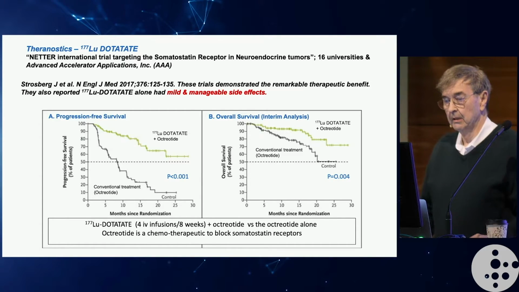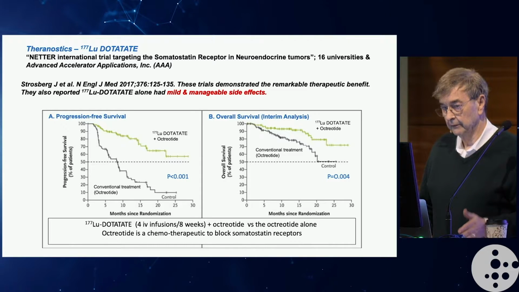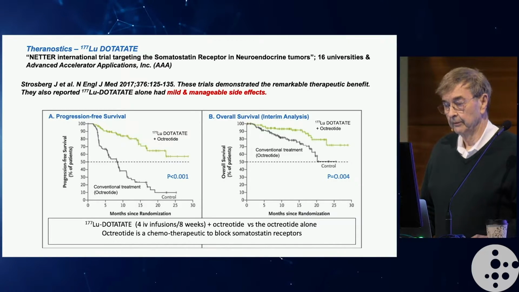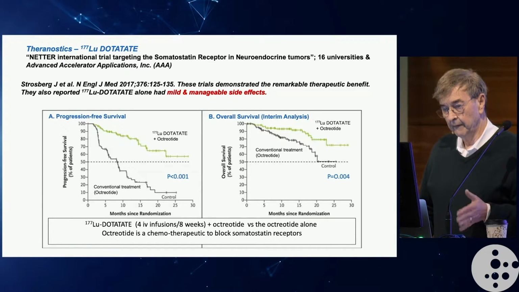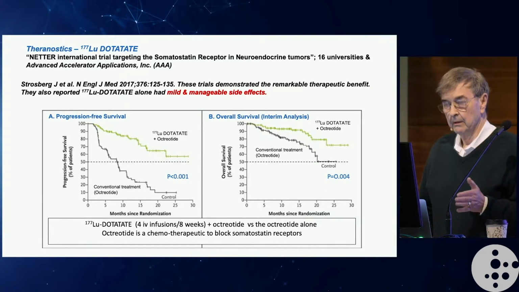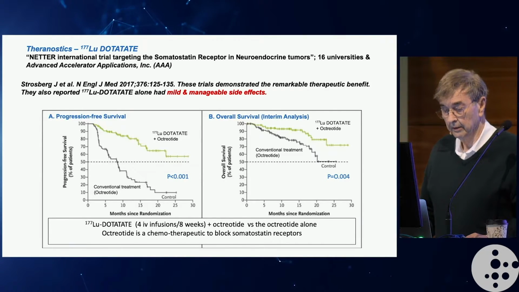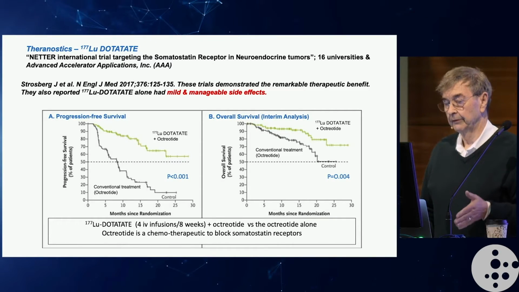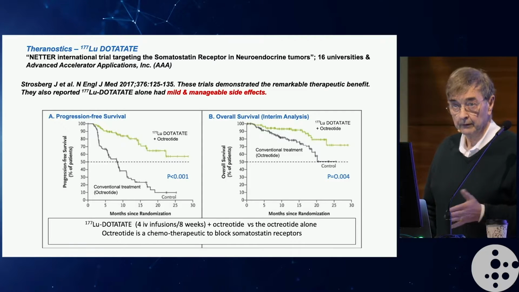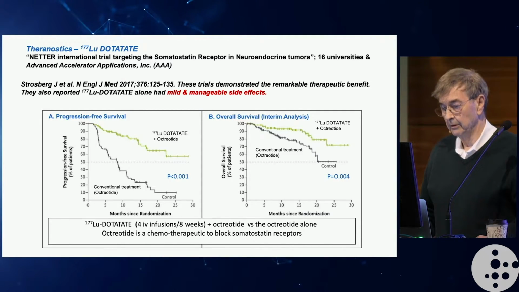Now, this is a trial that was carried out on theranostics called the NETTER trial and published in the New England Journal of Medicine to evaluate the treatment with or without a chemotherapy agent, octreotide. And the protocol is done in a way that the patient receives the lutetium dotatate first, and then later is followed up with the chemotherapy.